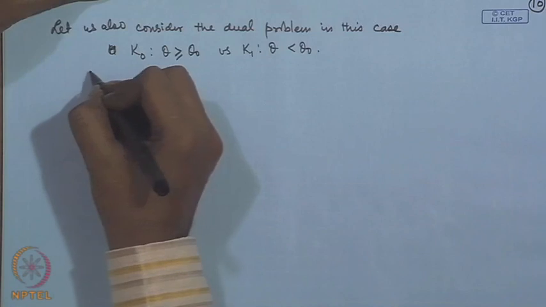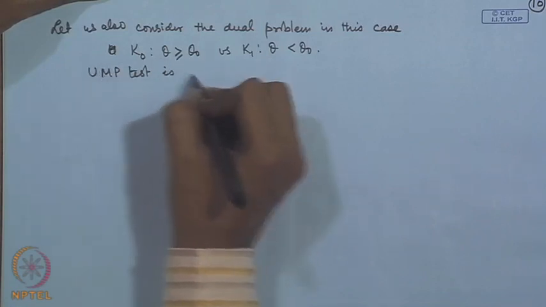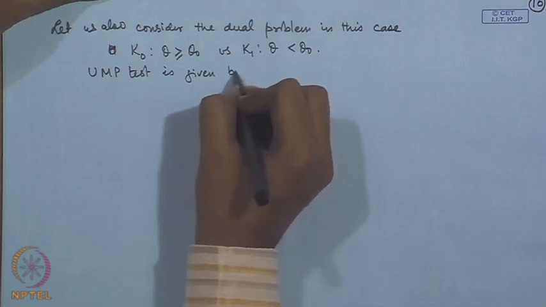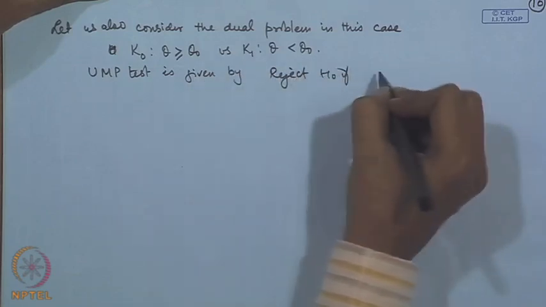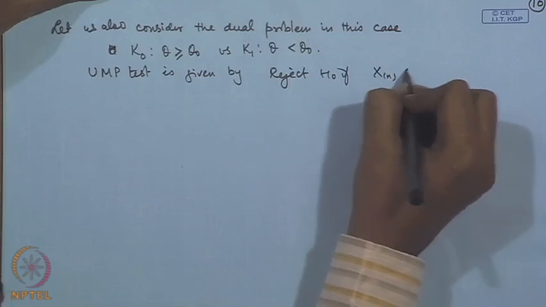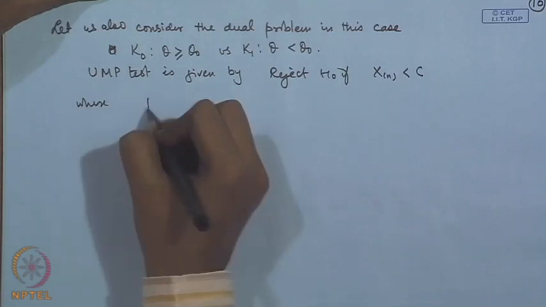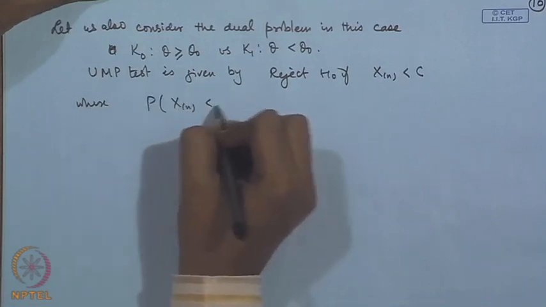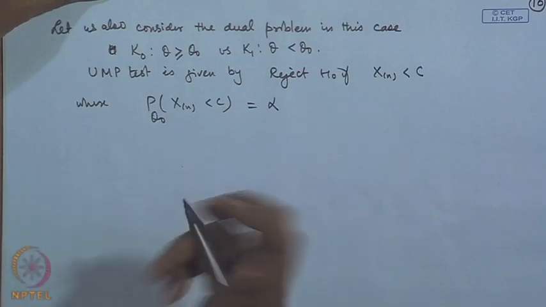So, the UMP test is given by: reject h naught if x n is less than c, where the probability of x n less than c under theta naught should be equal to alpha.